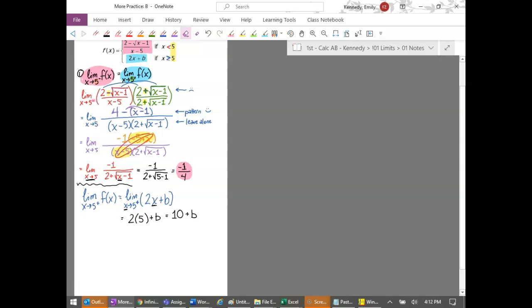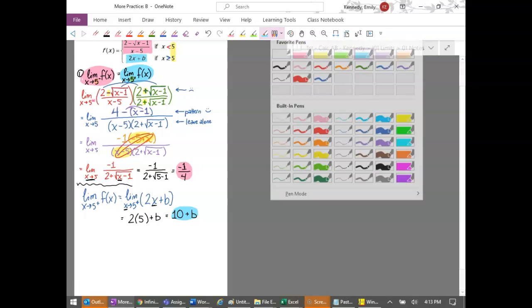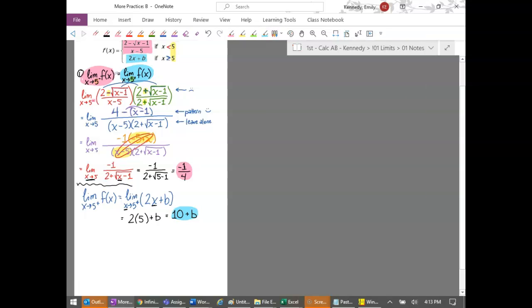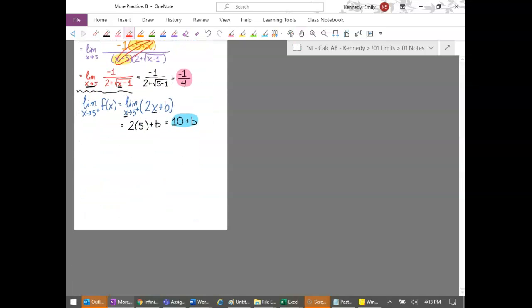The limit from the left is negative 1/4. The limit as x approaches 5 from the right is 10 plus something. But in order to be continuous, we need those two things to be equal. And so that's really our only remaining job.